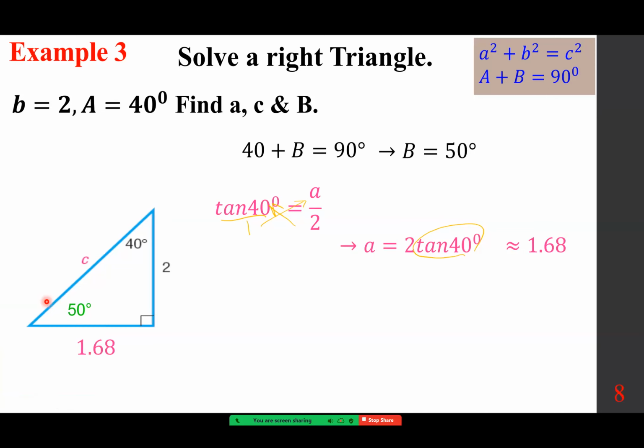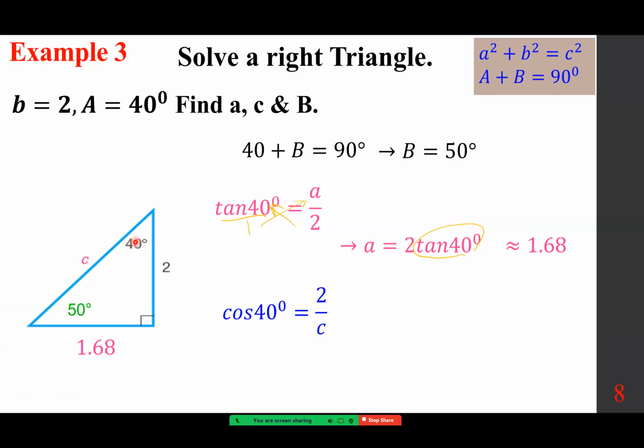Now that this is 1.68, we have a number of choices. We can use the Pythagorean theorem, a squared plus b squared equals c squared. We can continue with what we did here and say, for example, cosine of 40 is 2 over c. Why am I using cosine?